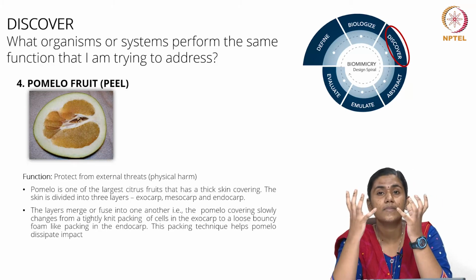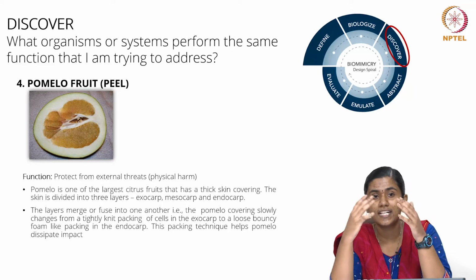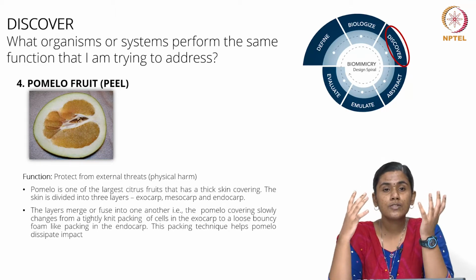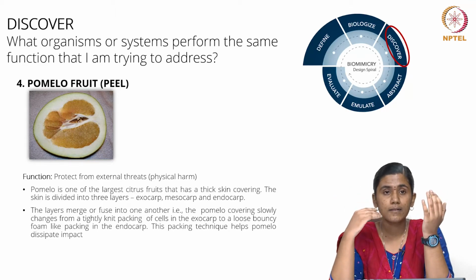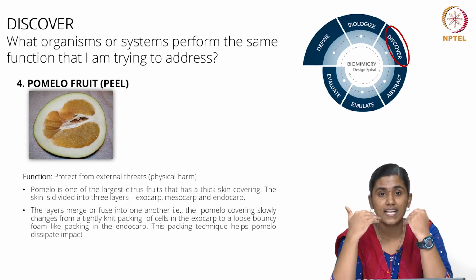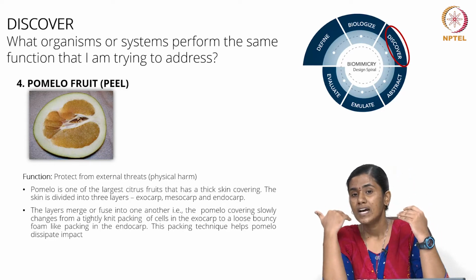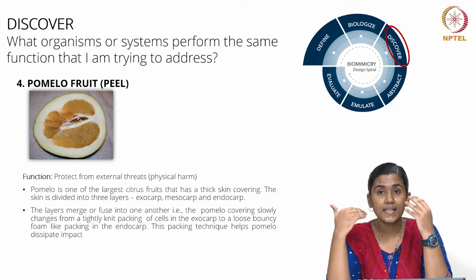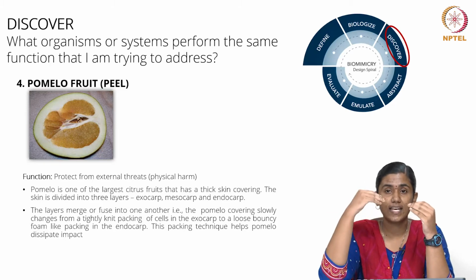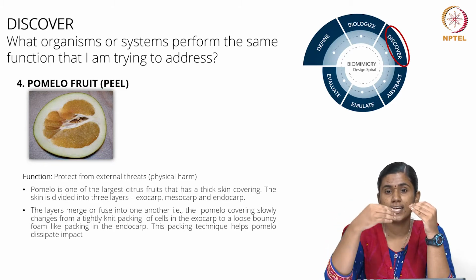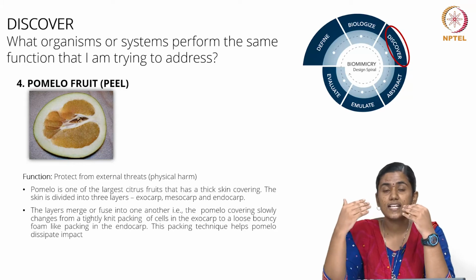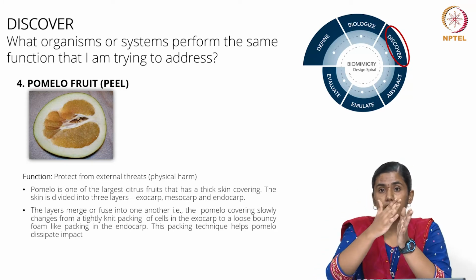The secret behind it staying so fit and healthy is that it uses this technique of fused layers. It has 3 layers called the exocarp, mesocarp and the endocarp, which are technically the external layer, the middle layer and the internal layer. These 3 layers fuse together and they are not distinct.